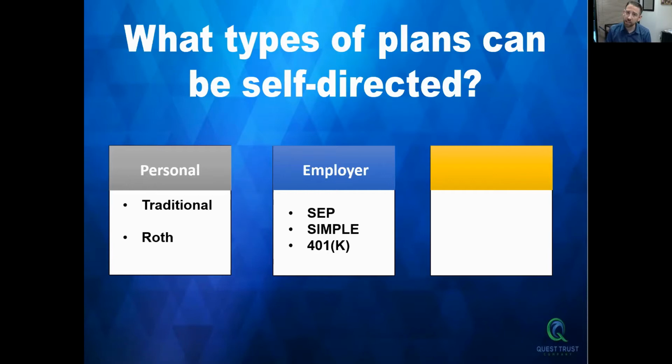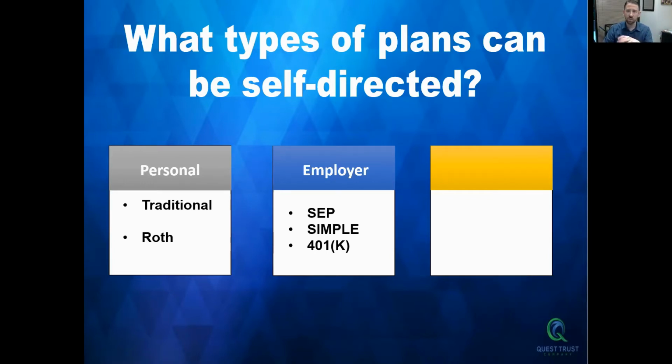My TSP, my Thrift Savings Plan, rolled into a traditional IRA. So if I spent 20 or 30 years working at a job, and they've been paying into that 401k or that 403b or whatever I have, all of those funds most likely are tax deferred. This is probably why the majority of our clients are utilizing a traditional IRA to do these types of investments.